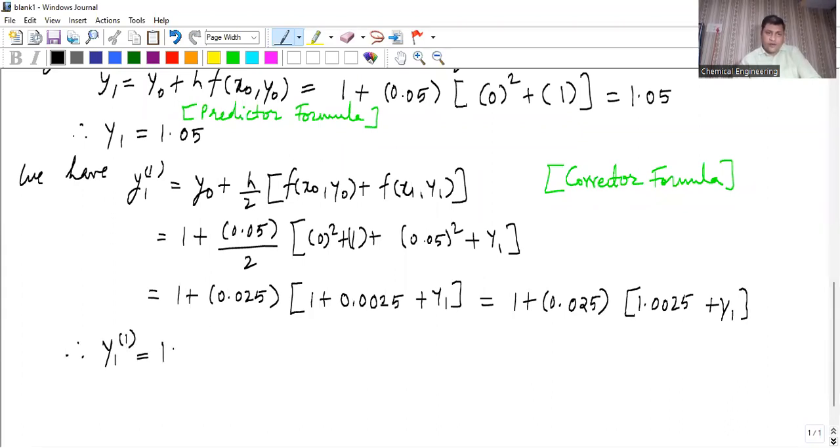So we got here 1 plus 0.025 and here we have 1.0025 plus y1.